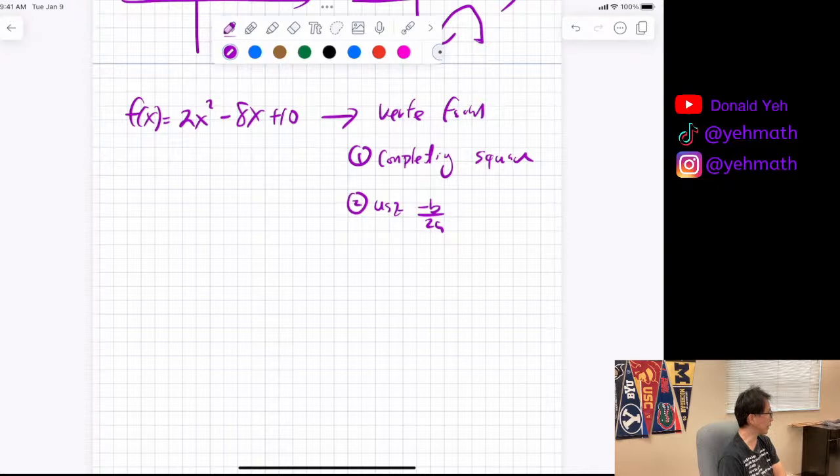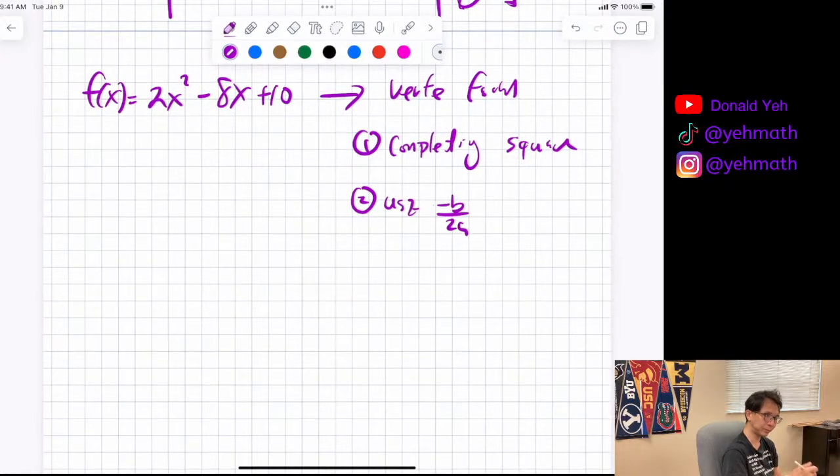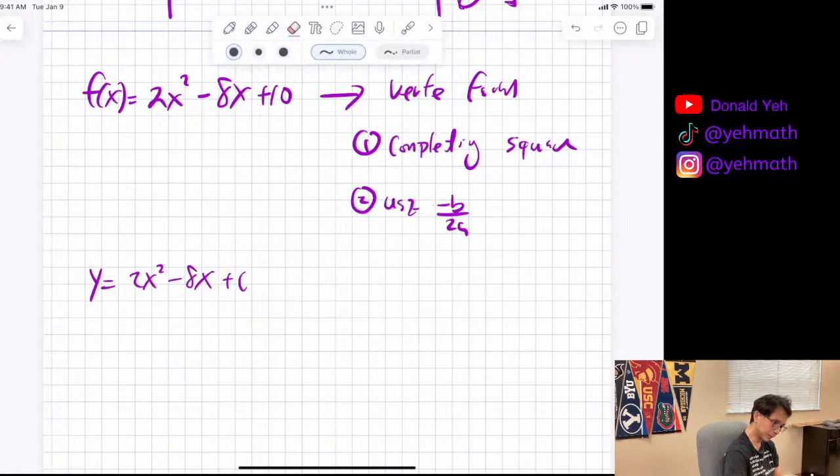That's actually where the quadratic formula comes from, by using completing the square. I'm going to change this to y, because it doesn't matter, it's y like this. Because I don't like to show it like this.